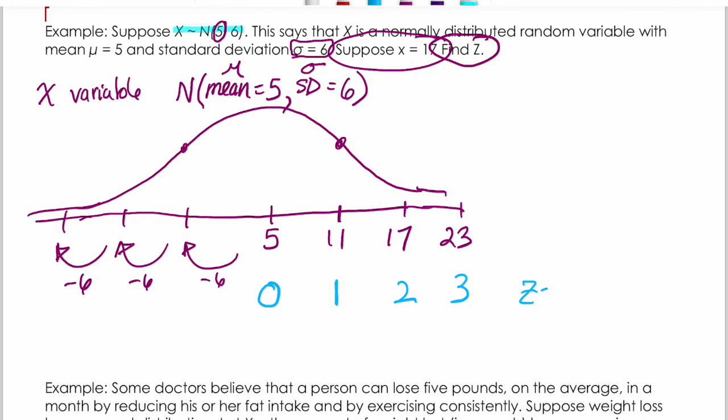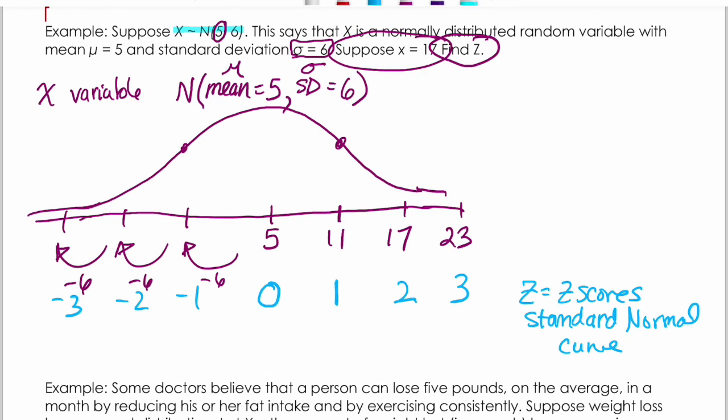So these are my z's, and that's for your standard normal curve. And then if I come out this way, I would have -1, -2, -3.